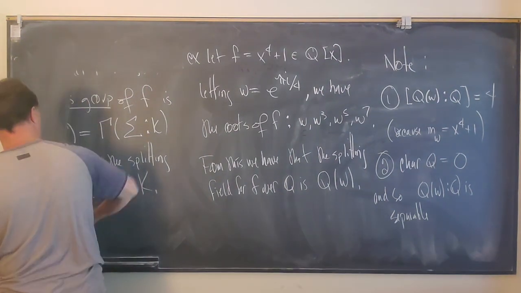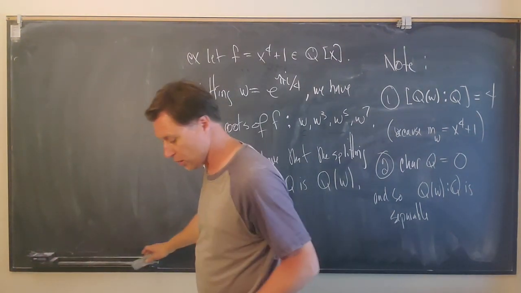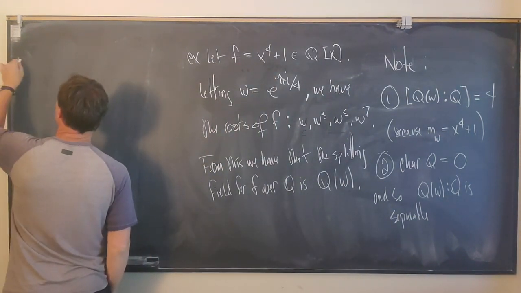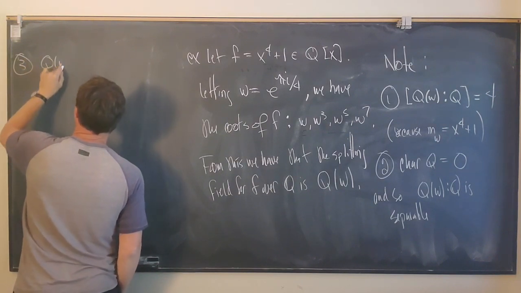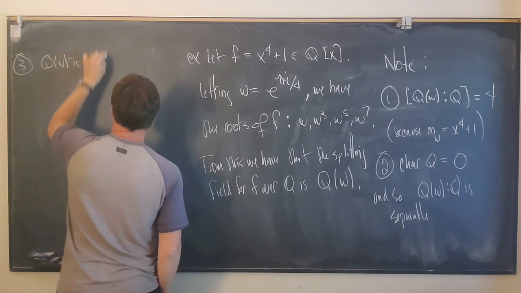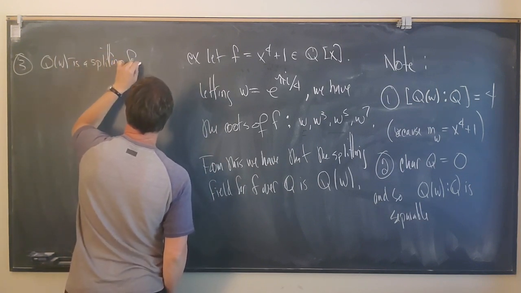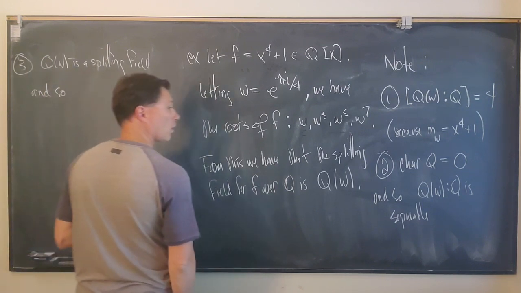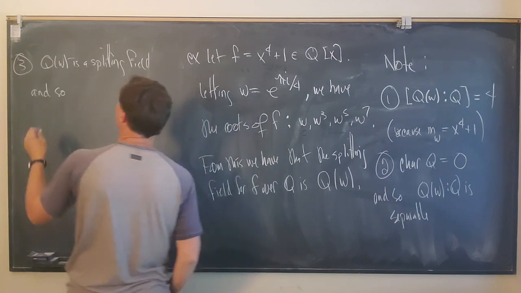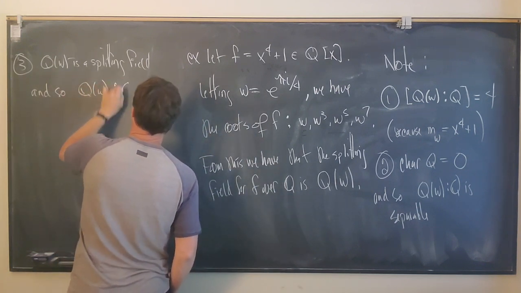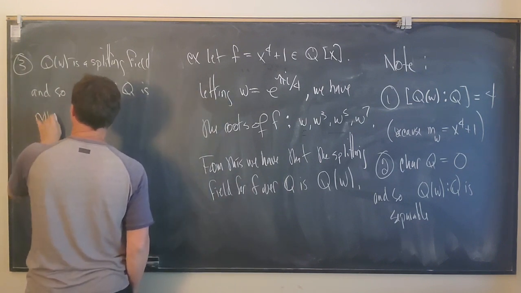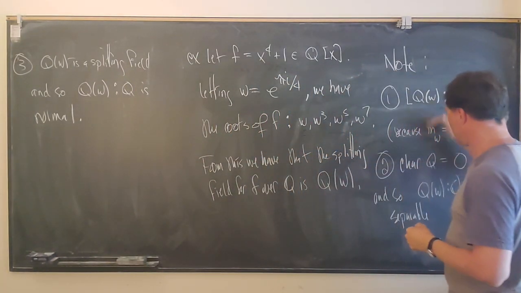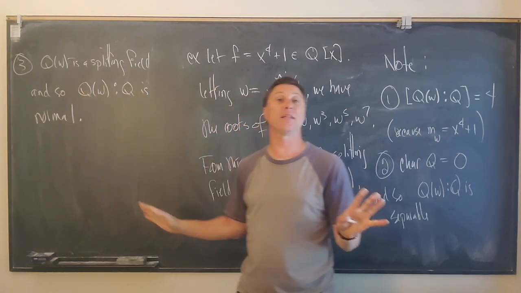And then the third fact: since we know that Q(omega) is a splitting field, the extension Q(omega) over Q is normal. So what do we have now? We have a finite, separable, normal extension. That means that we have a Galois extension.